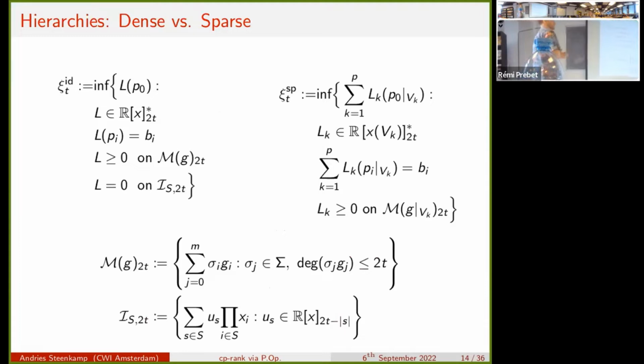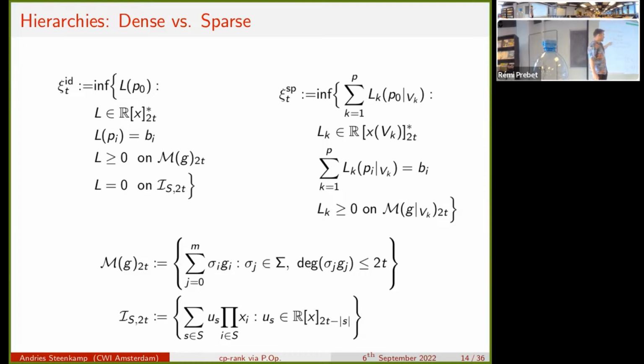Right, so we apply this, and we can build our hierarchies. This one comes from the dense hierarchy, and this one comes from the sparse hierarchy. I put them side by side so you can compare them line by line. First obvious observation: one linear functional, then P many linear functionals, each with restricted supports in the VKs. You have your constraints again, a sum of constraints.